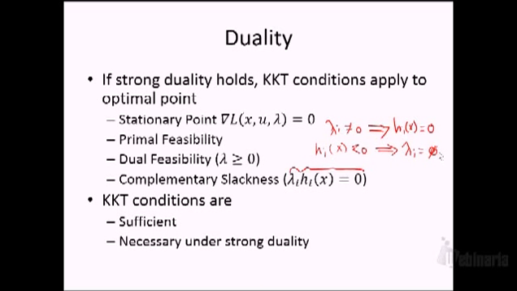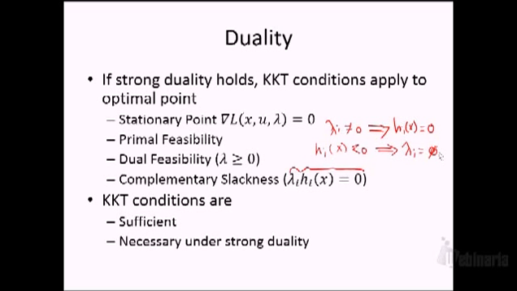In these cases, we want KKT to be both sufficient and necessary. Because if KKT is not sufficient, then the algorithm might return a suboptimal point, because satisfying KKT does not imply the point is optimal.